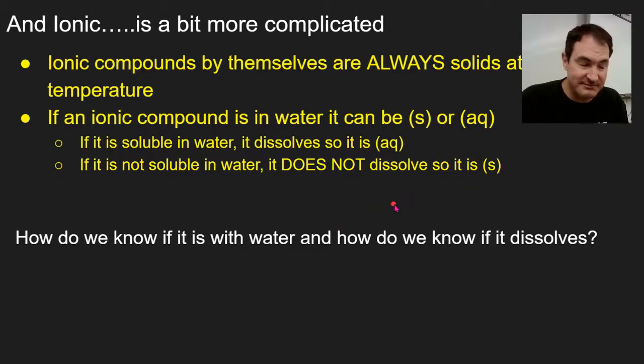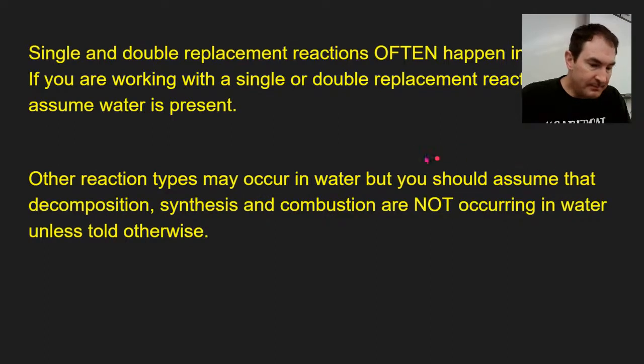So that begs the question, how do we know if an ionic compound is soluble and will form an aqueous solution, or is insoluble? This is where the solubility table, or solubility rules, comes in. I'm going to show you that in just a second.